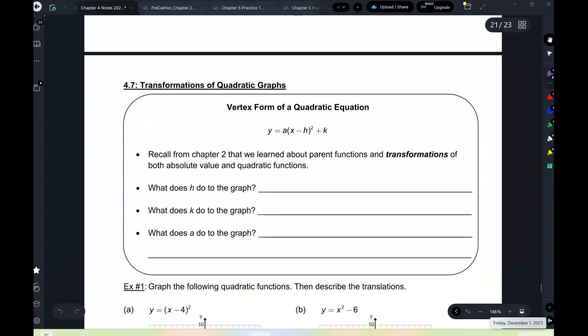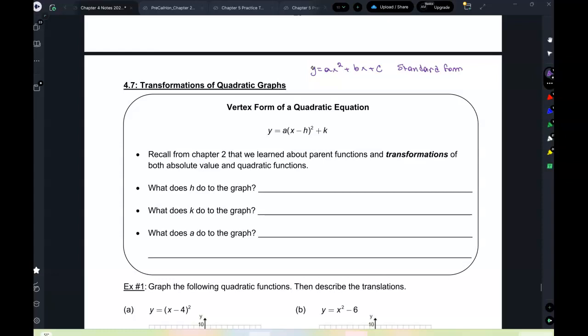So in this entire chapter, we've been talking about quadratic equations. And we first started working with this form, ax squared plus bx plus c, right? This is called the standard form of the quadratic equation.